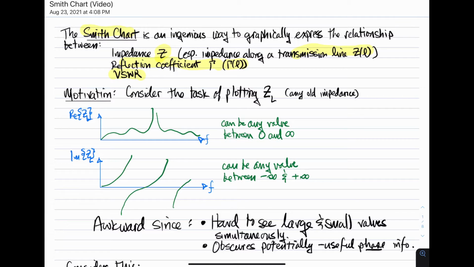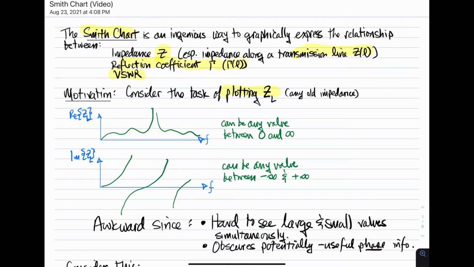To motivate the idea of a Smith chart, let me show you something about why it turns out to be so attractive as a way of analyzing these things. So consider the task of plotting some impedance, which I'll call Z sub L. L usually means load, but here it's just any old impedance. It's just convenient to say Z sub L here.